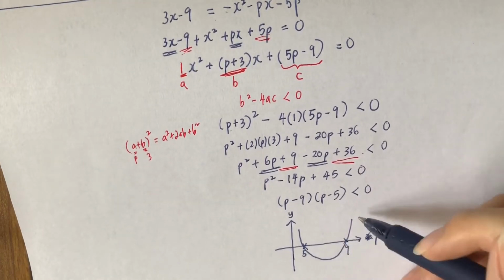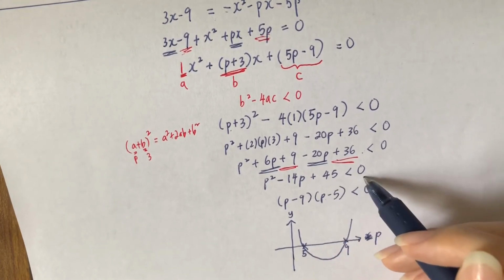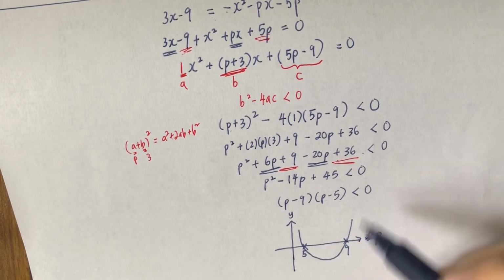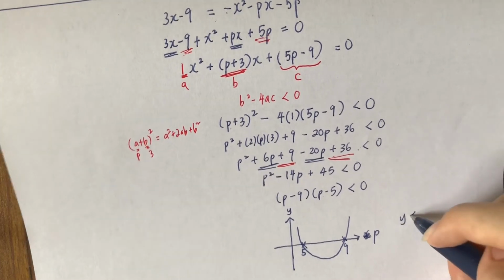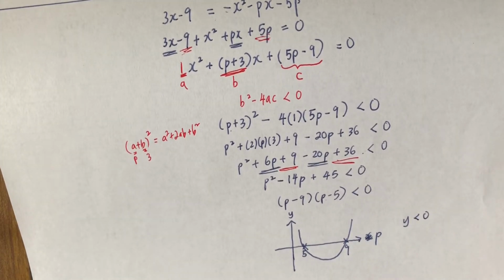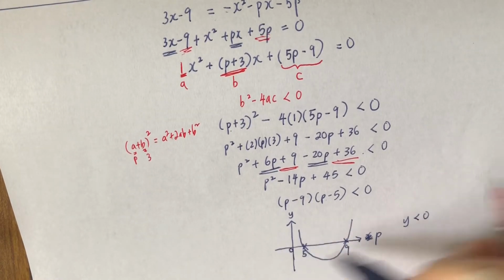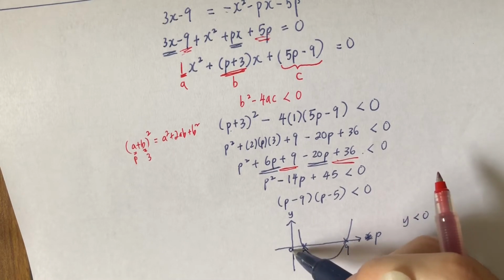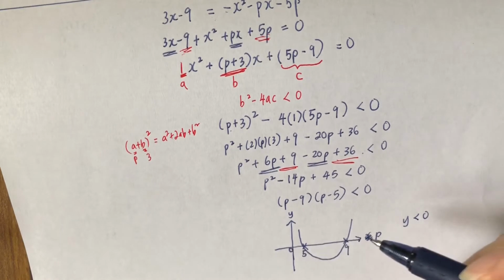And with this, since the condition is that this whole equation is lesser than 0, it would mean that we are looking at the portion of the graph where y is lesser than 0. So the p-axis and the y-axis will meet here where y equals to 0 and where p equals to 0.